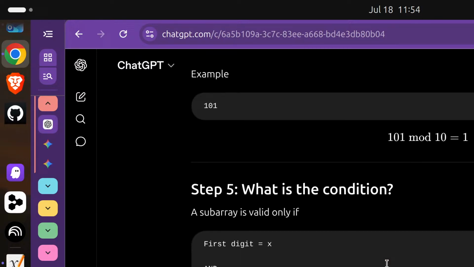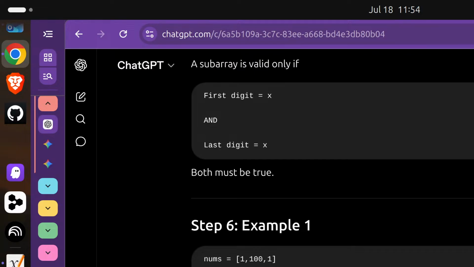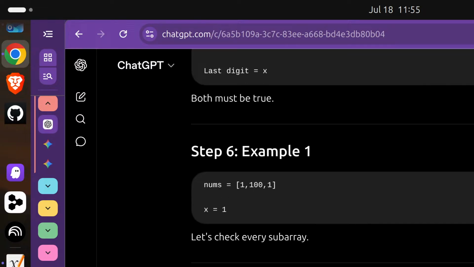Okay, what is the condition? It's true. Example 1 is this.